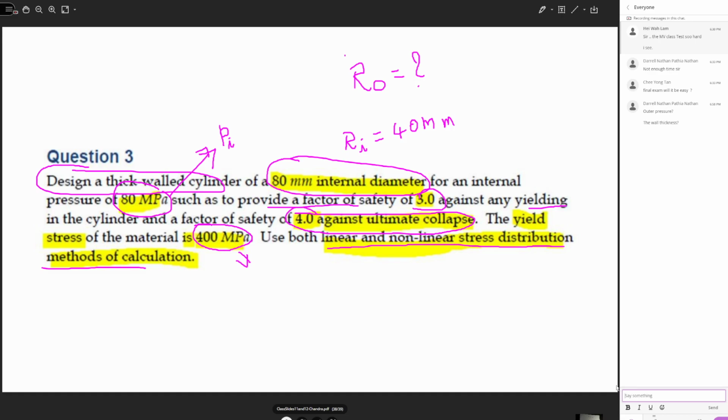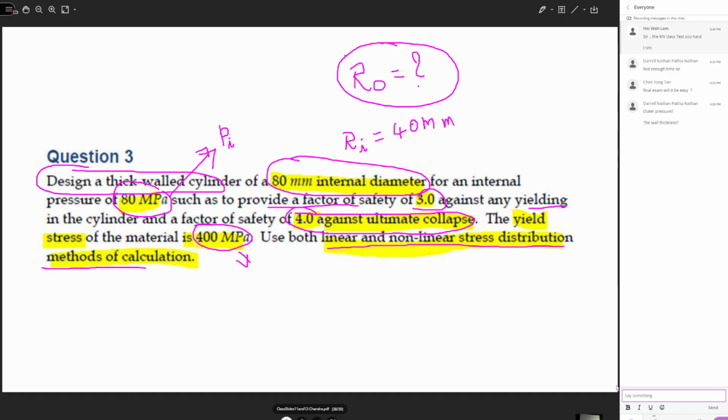So to design means you need to find the outer radius. The inner radius is given, the inner pressure is given, the yield stress is 400 megapascals, and there are a couple of safety factors.